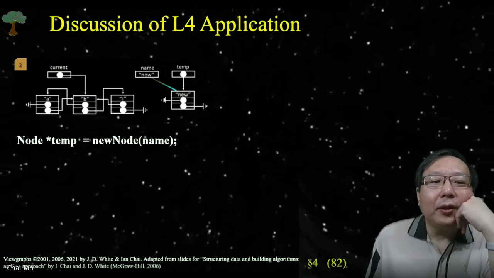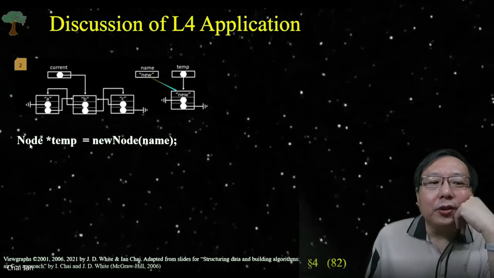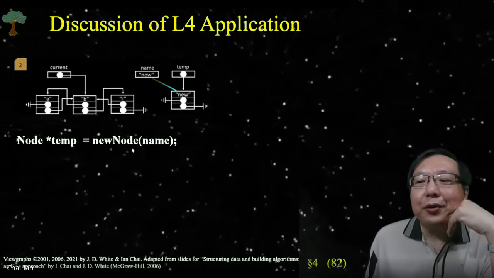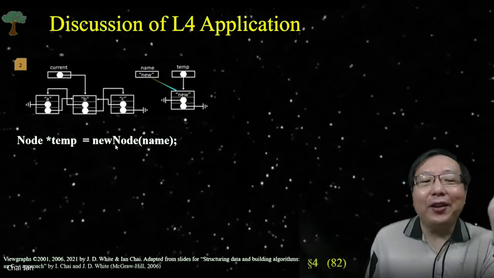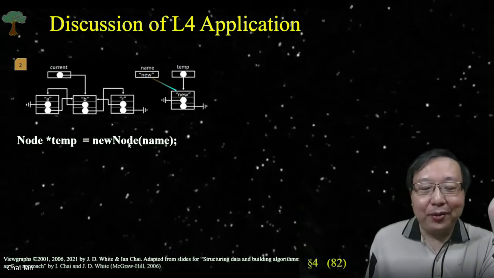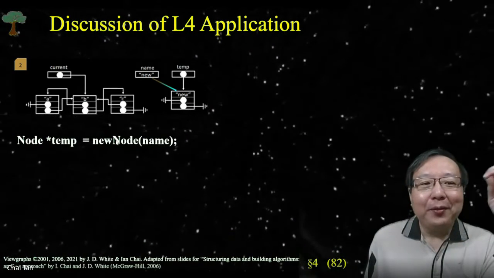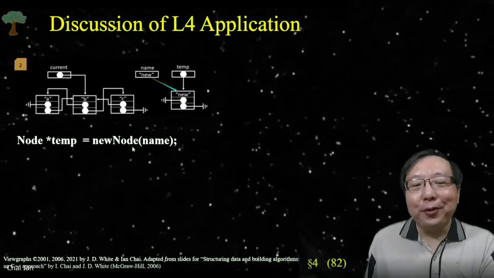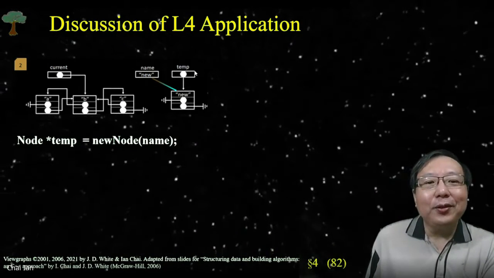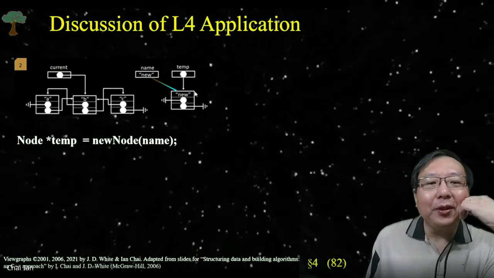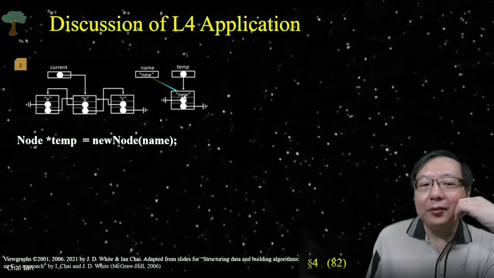Then the next picture says we're going to make a new node. You should just use the new node that I told you to write in question 2. I don't know why a lot of people didn't use the new node they wrote in question 2, but never mind, I didn't deduct marks for that. By right, you should just call new node. So temp points to the new node, and the name goes into the new node.